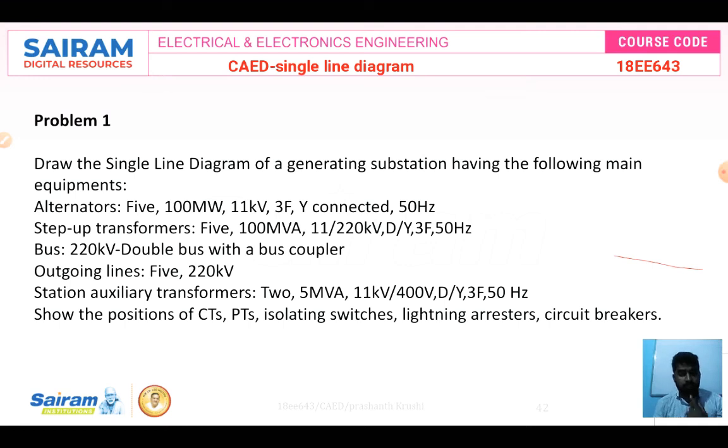From the outgoing lines 220 kilovolts we have 5 outgoing lines, and station auxiliary transformer 25 MVA, 11 kilovolts to 400, delta star, 3 phase 50 hertz, and show the position of CTs and PTs, isolating switches, lightning arrestor, circuit breaker.